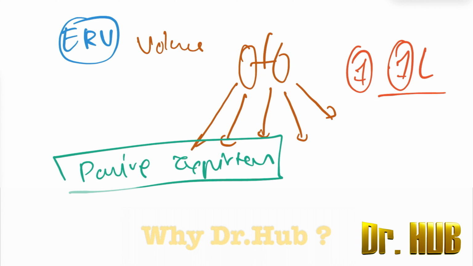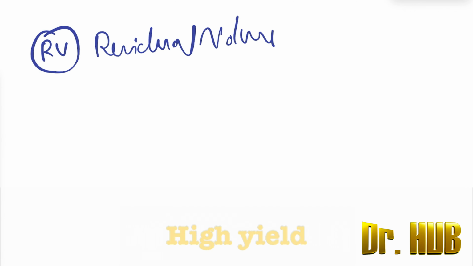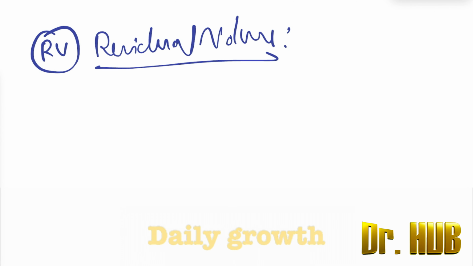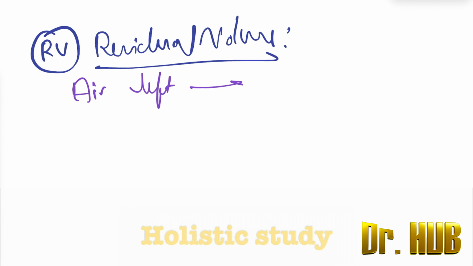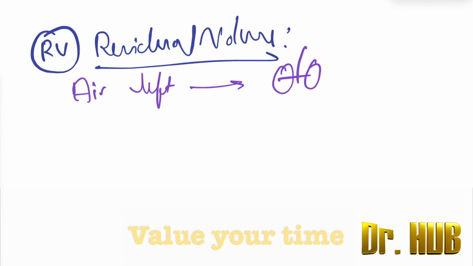Next we move on to something known as the RV. RV stands for the residual volume. It is the air left in the lung after a maximum expiratory effort.